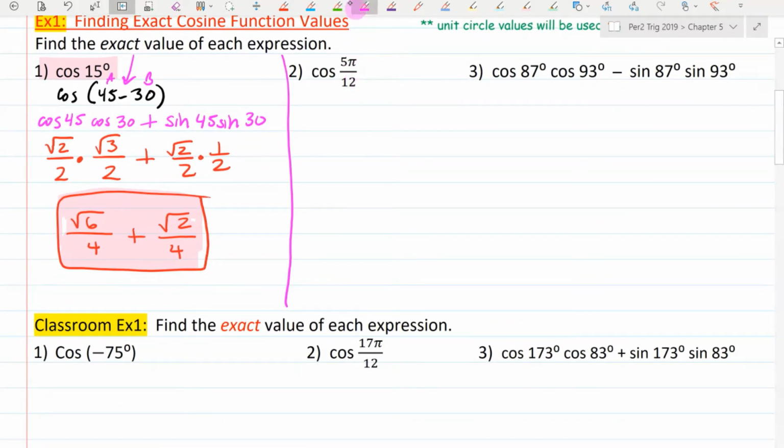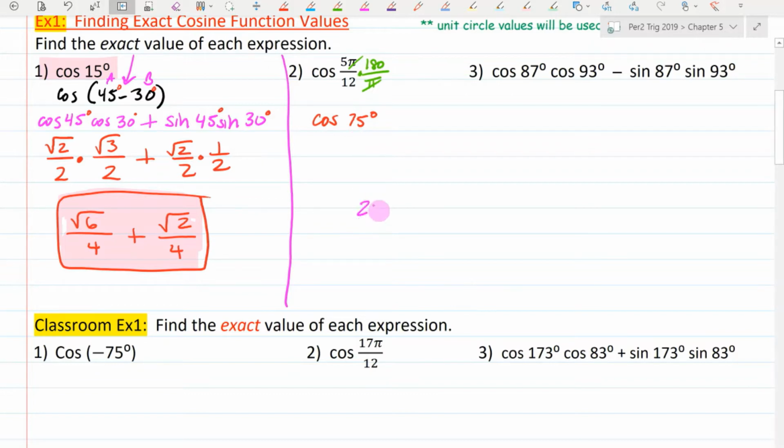So for 5 pi over 12, we're going to change this into degrees just because it's easier to work with for most of us. So if you multiply this out, you're going to get cosine of 75. For cosine of 75, there are many different ways to do this also, but I'm going to choose what I think is the easiest one.